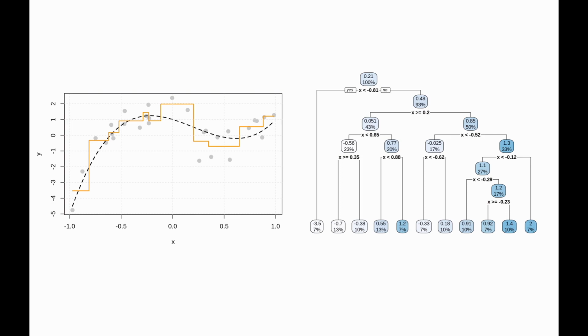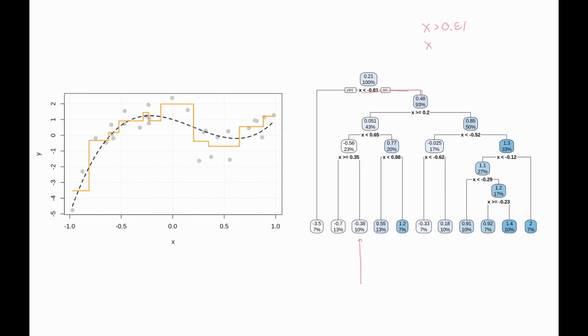Let's talk about maybe this node right here. To get there, we have to go like that, right? So that means, by my checklist, we have to have an x that is greater than 0.81 to go this way.